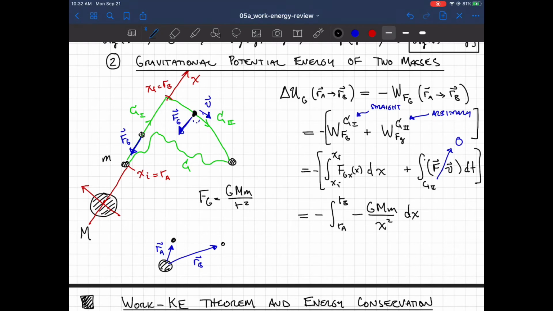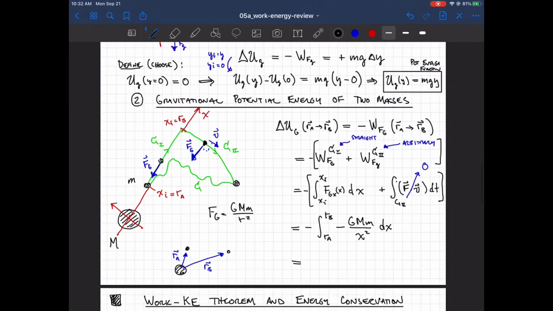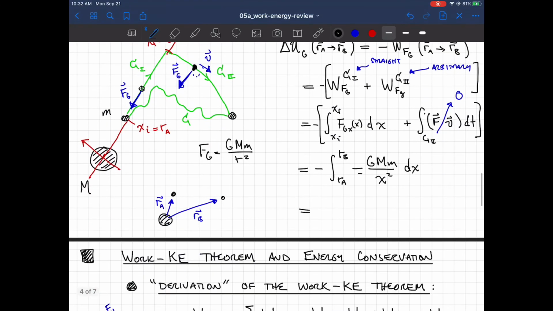Okay, and now I can just calculate. So I have two minus signs, those cancel out. So I get big G, big M, little m. The integral, what's the antiderivative of x to the minus 2? Well, it's minus x to the minus 1.